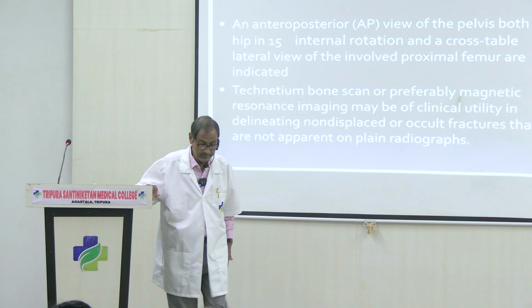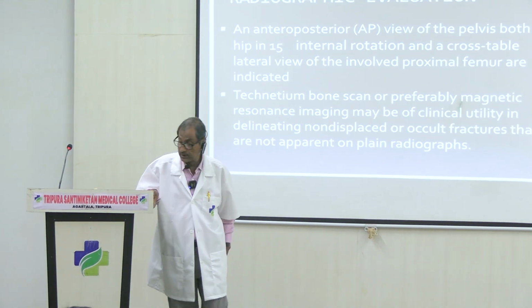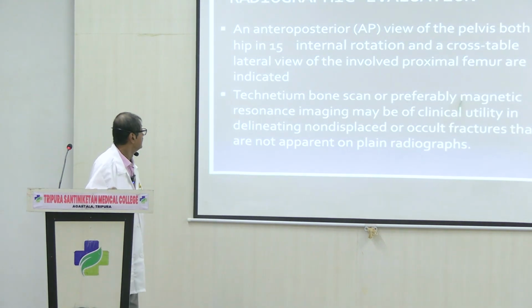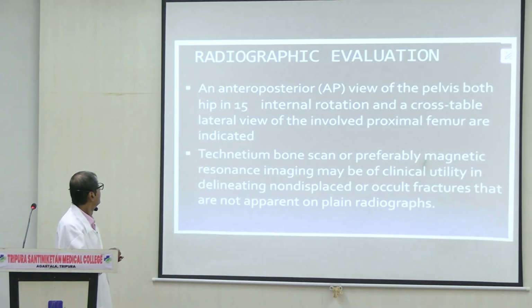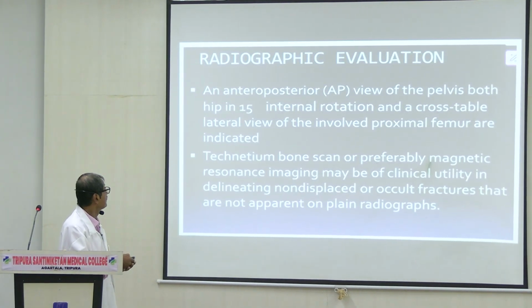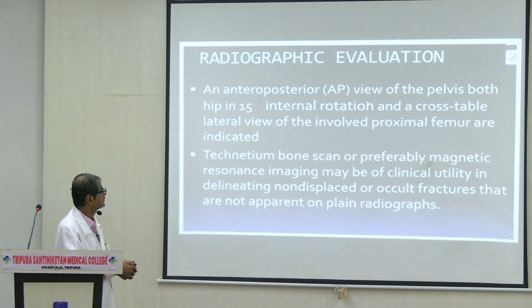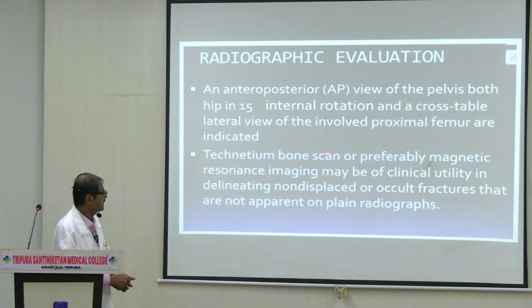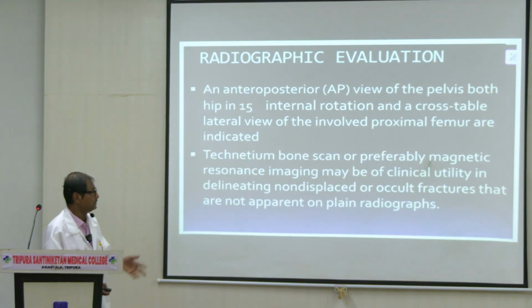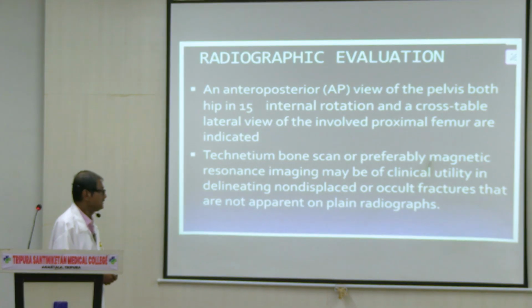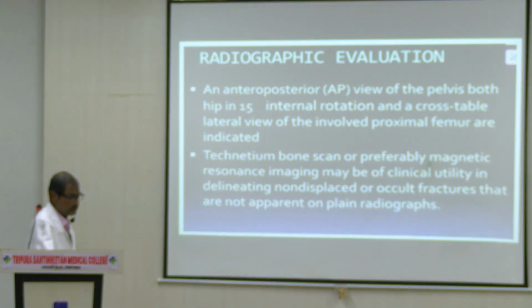When you do the internal rotational view, it will be more evident. The anterior posterior view of both pelvis, the internal rotational view, and the cross table lateral view are very important. Bone scan also we can perform, but we are not doing it now here. Magnetic resonance imaging, these are very costly tests, not needed nowadays.